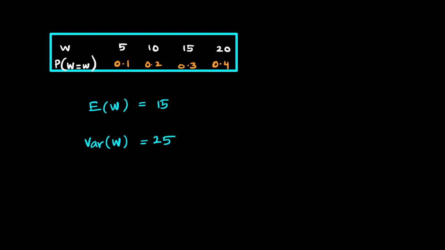Now, does w have any correlation with x? The values of x were 1, 2, 3 and 4. What we observe is that each value is multiplied by 5. So we can say that the variable w is 5 times x. What effect does it have on the expectation? Expectation of x was 3. 3 became 15.